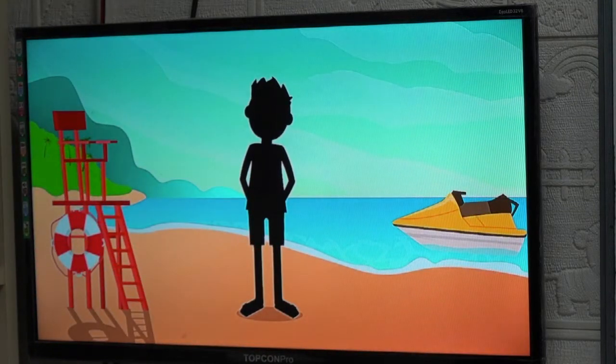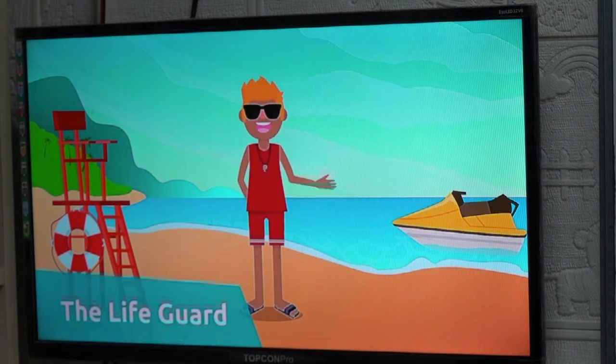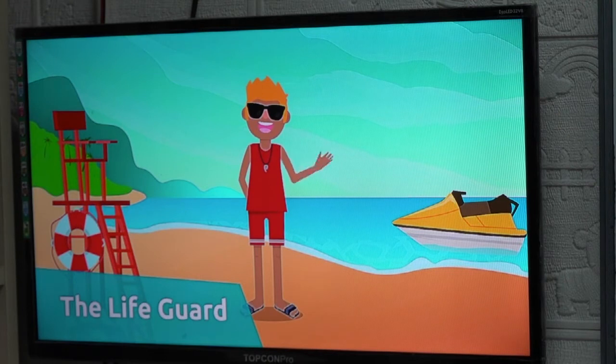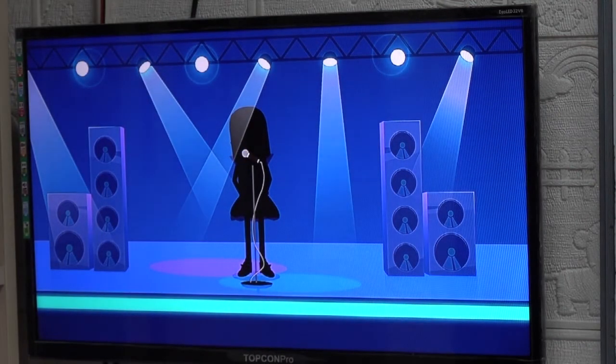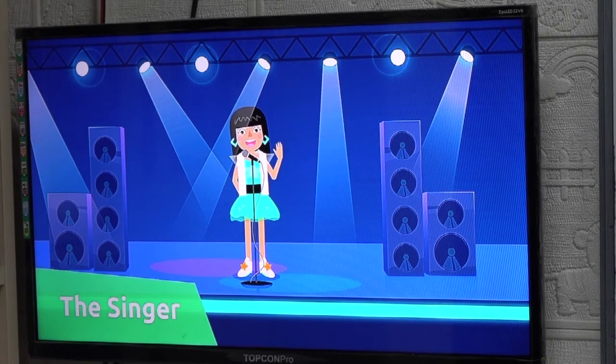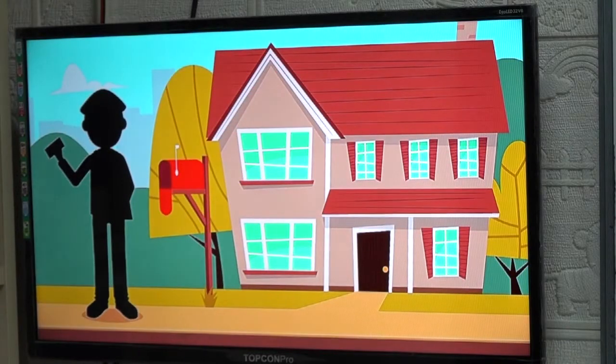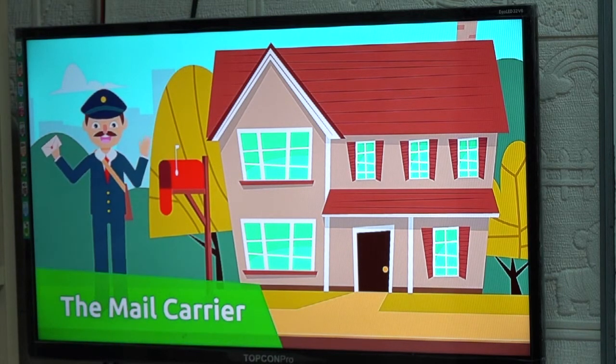Who is in charge of our safety at the beach? The lifeguard. Who sings music? The singer. Who delivers parcels and letters? The mail carrier. Mail carrier.